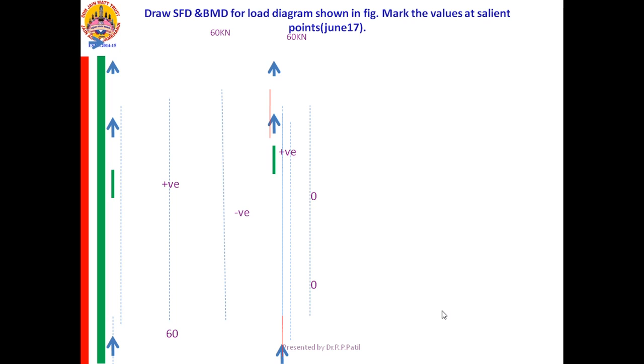Draw the SFD and BMD for the load diagram shown in the figure. Mark the values at salient points. Salient in the sense important points. Which are the important points?